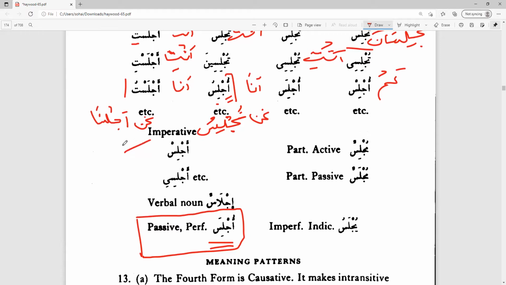And then what you say, imperative is fa'il amr, command. So it becomes anta ajlis.